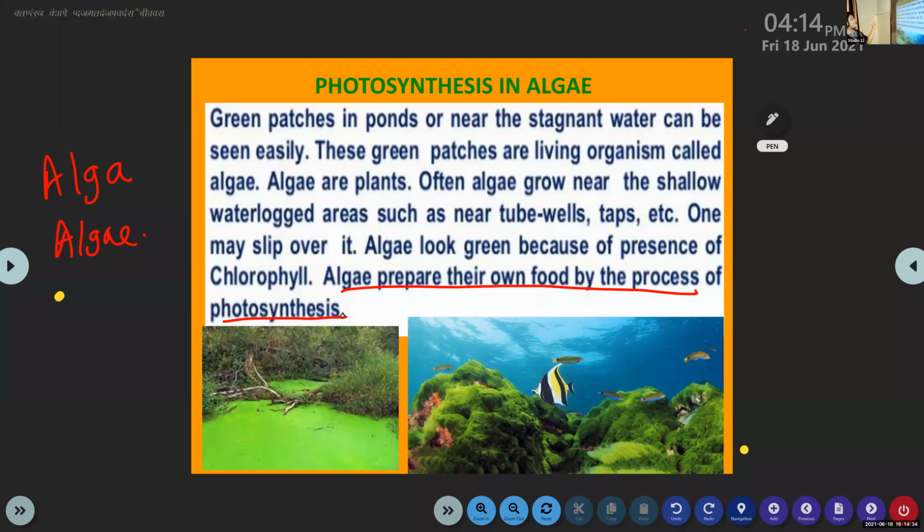This is also one type of fungus-type structure, but these are plants. One type of fungus which is in the form of a plant. So that is why we are calling it algae.